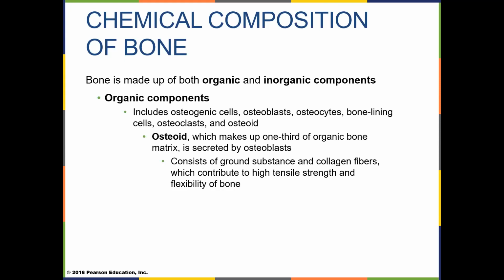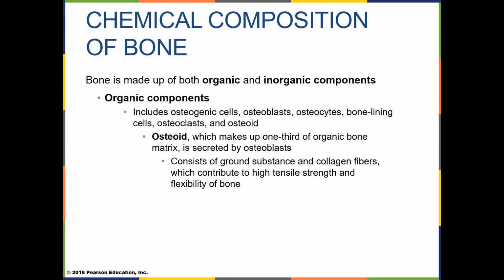The organic components are the living tissues: the osteogenic cells, the osteoblasts, the osteocytes, what we call the bone lining cells that line the endosteum and the cavities and the canals, the osteoclasts, and of course the matrix itself, because the matrix is filled with collagen fibers and other organic material.